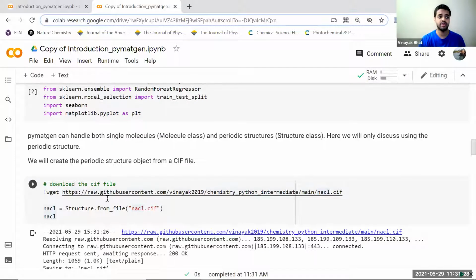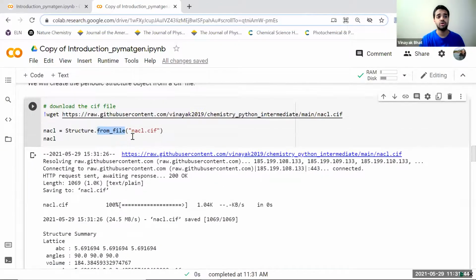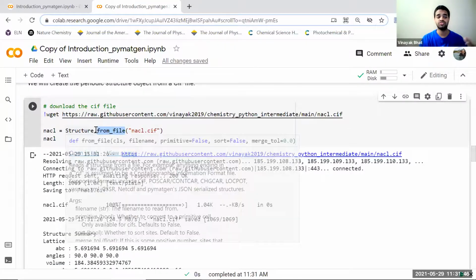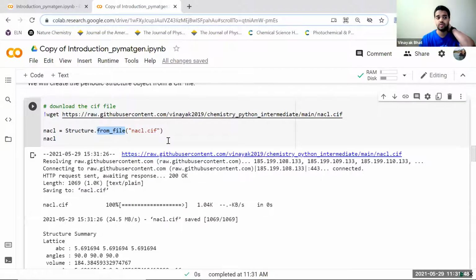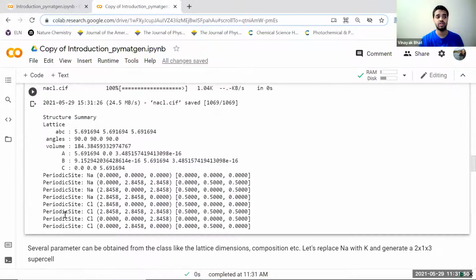Once we have the file, we can generate a structure from it, just like we had Chem.MolFromSmiles, or Chem.MolFromFile, or MolToFile. We would generate it from files. You can even generate it here if you pass in some parameters, but the parameters that are required are lattice parameters, so we just take it from the CIF.